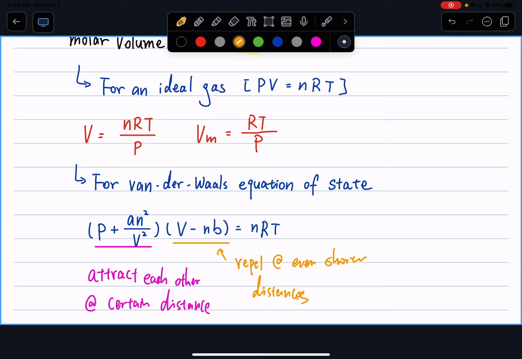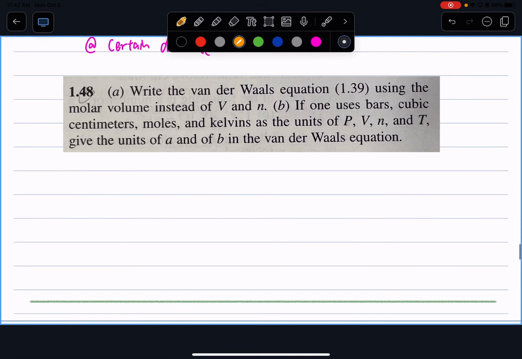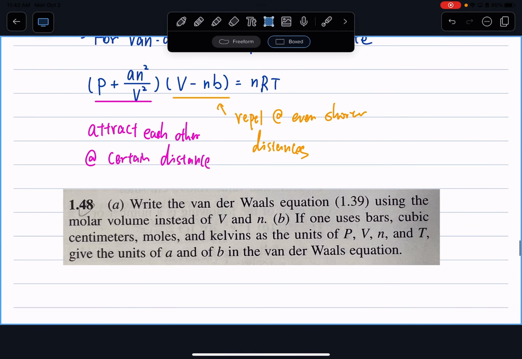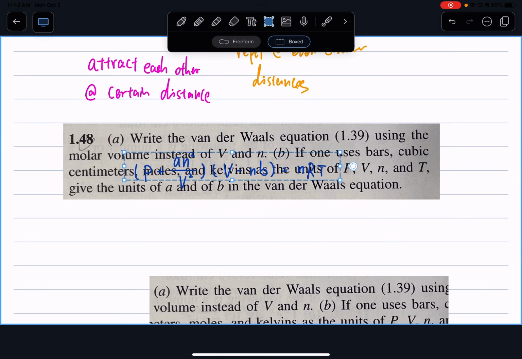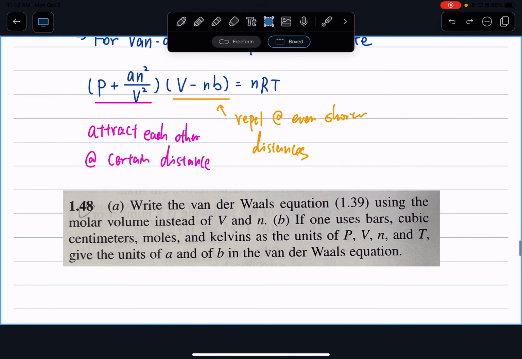Something we will do pretty extensively is know how to play with these equations. It doesn't necessarily produce a numeric number, but you should know how to move things around to get the expression we want.